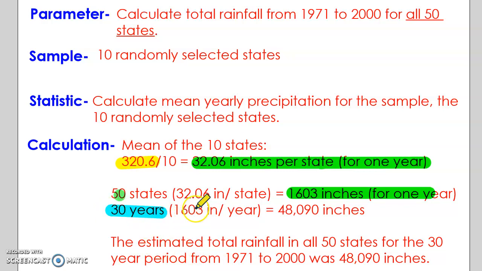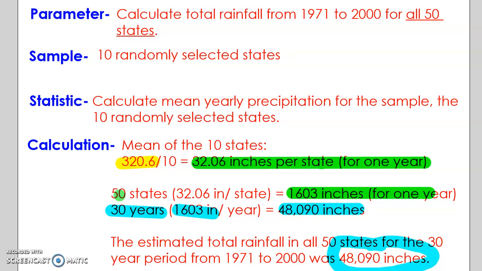So let's take our previous answer, multiply by 30, and that's how I get 48,090 inches. Okay, and that's my final answer. So the estimated total rainfall in all 50 states for the 30-year period is 48,090 inches.